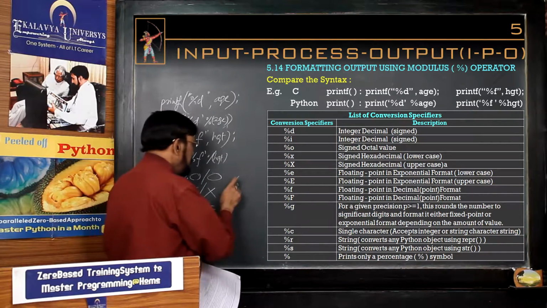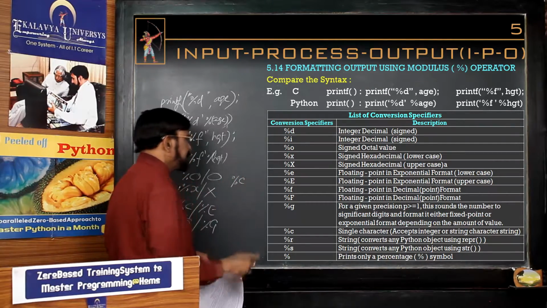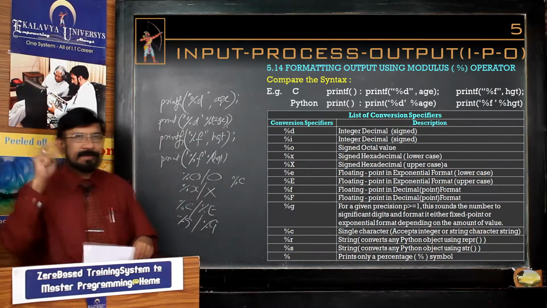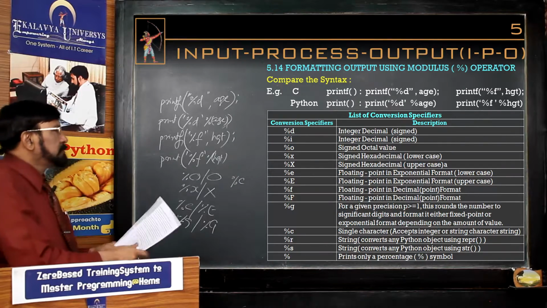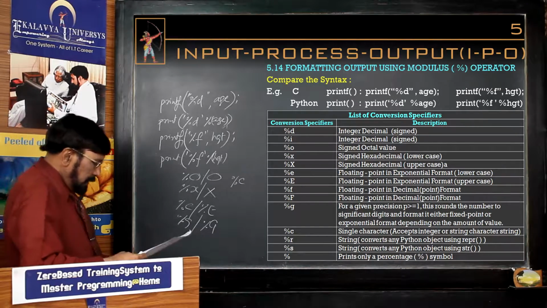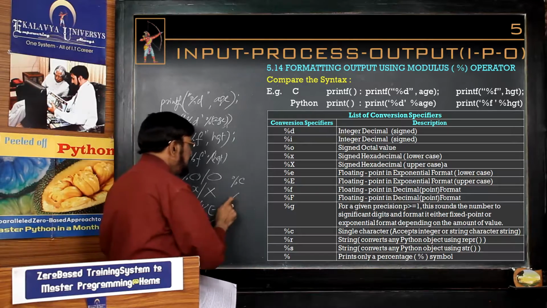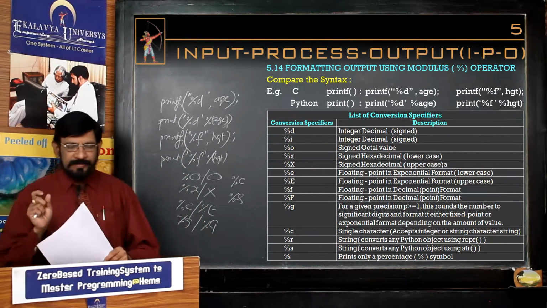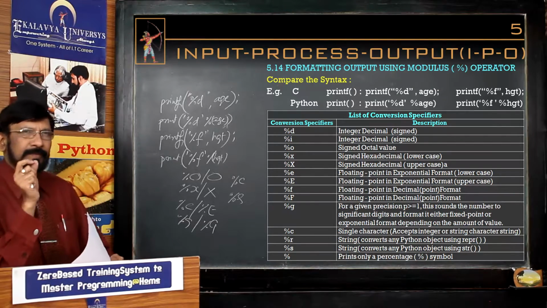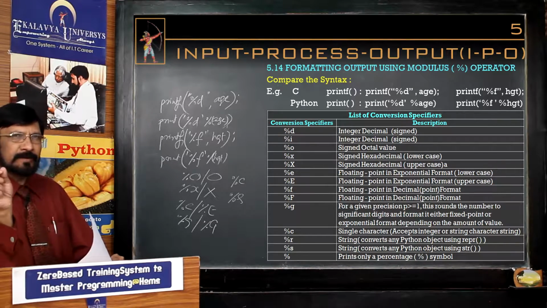Sometimes we have to deal with a single character, like in the C language, then we have to use %c, and %s. Actually, Python deals with objects. Everything is an object.